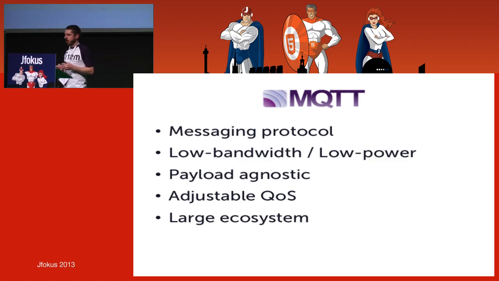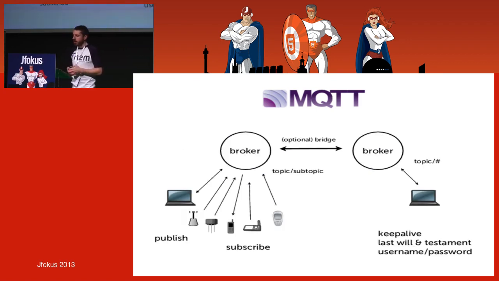You would use MQTT for publishing data on specific topics, and you can have embedded devices or whatever clients listening to topics and be notified immediately when data is being sent on the topic. There's a large ecosystem of MQTT implementations that are available. In a nutshell, the way it works, as I said, is a publish-subscribe mechanism.